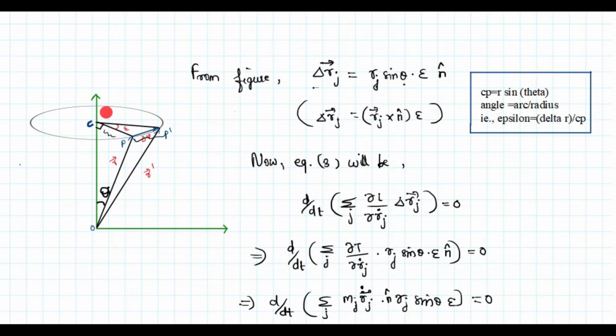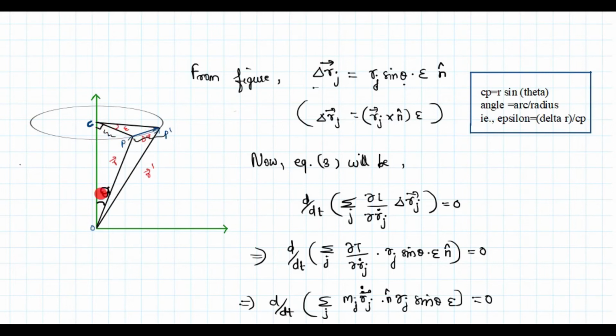So you can use this relation, angle is equal to arc by radius. Epsilon is the infinitesimal rotation, so epsilon is equal to delta R divided by Cp, where Cp is the radius. Now how to find out Cp? If this angle is theta, then Cp is r sin theta.